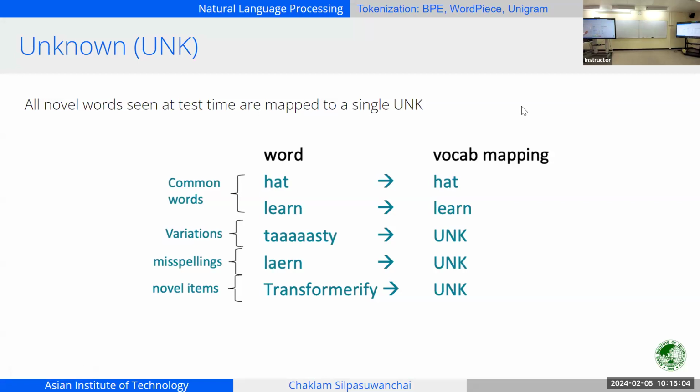And if you have something like "learn," then it will also be UNK. And what is this? "Transfer," "form," "verify," right? It also will be UNK. So if we tokenize every word as a full word, there will be a lot of unknowns.